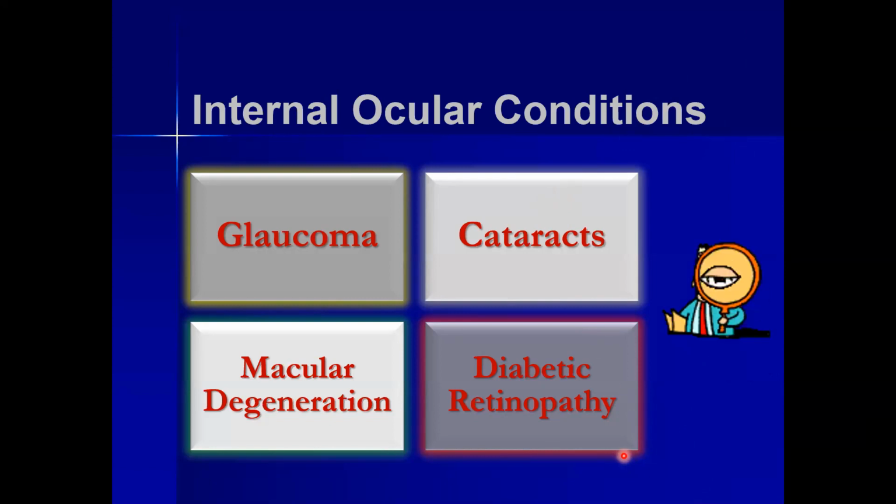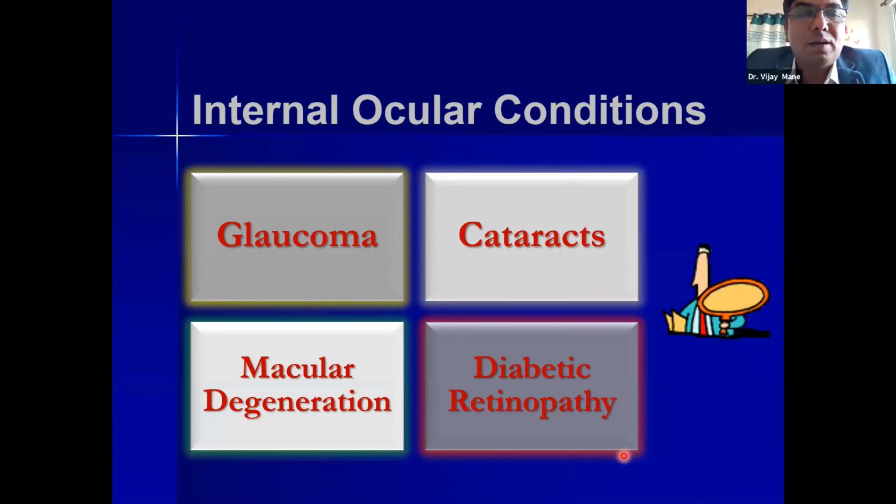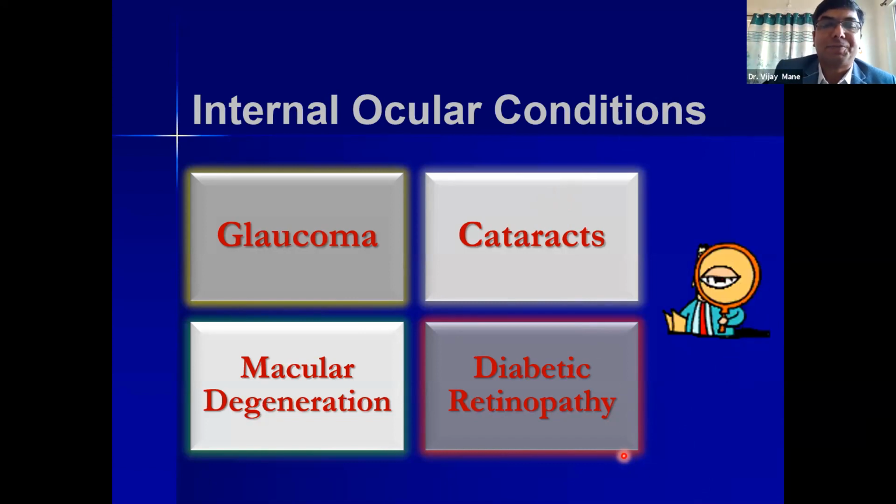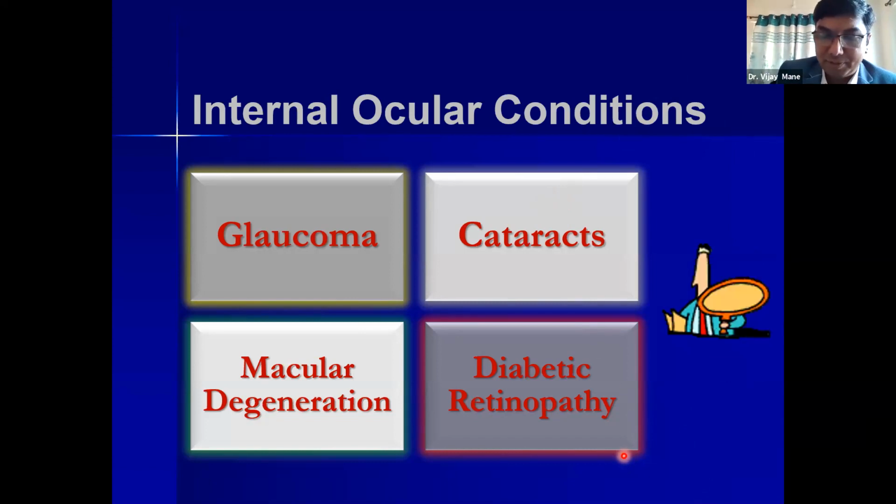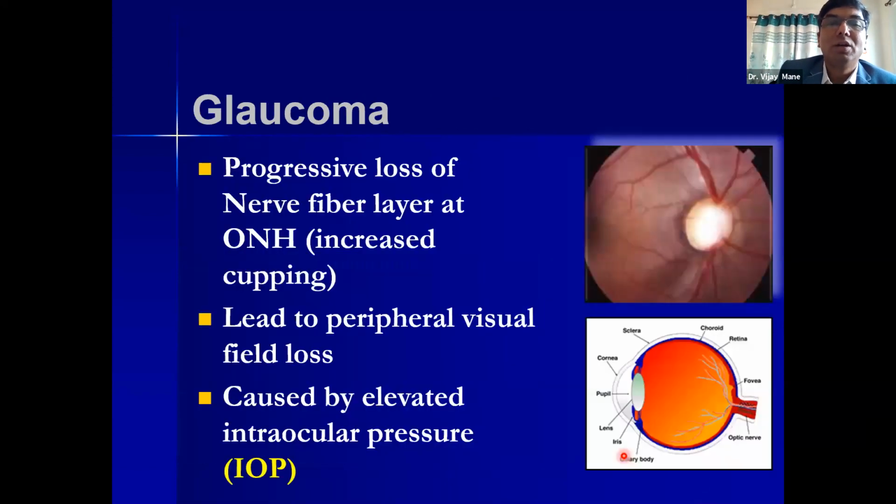So these are the diseases I will be going through: glaucoma, cataracts, macular degeneration, and diabetic retinopathy. Glaucoma is basically, as I mentioned at the beginning, that the inside of the eye is filled with this gel type of fluid.